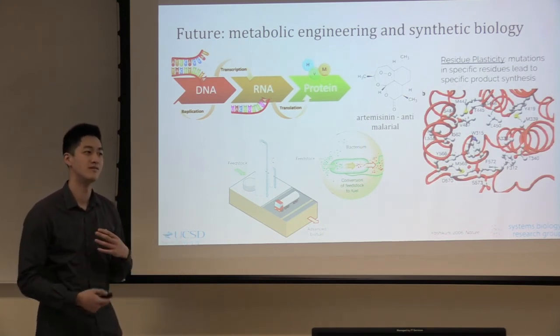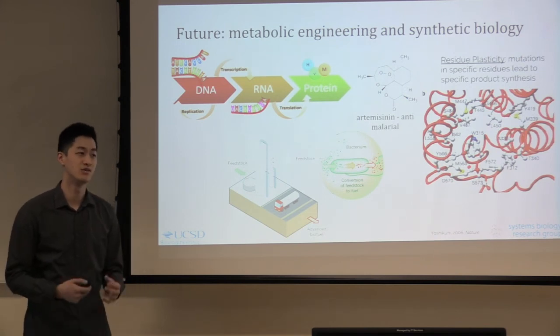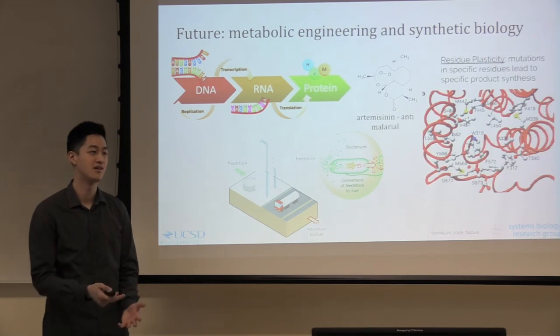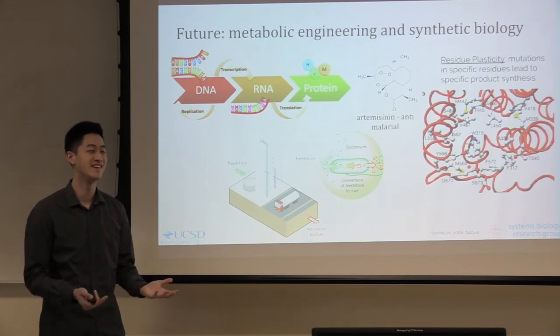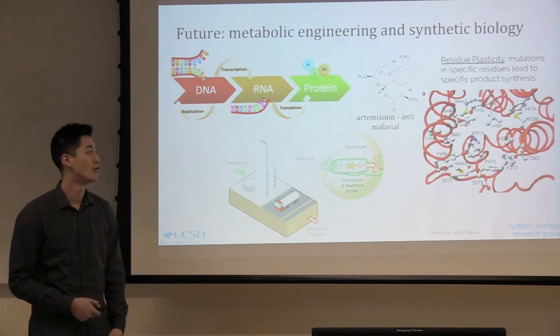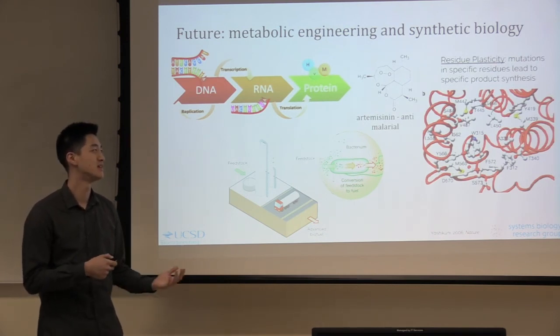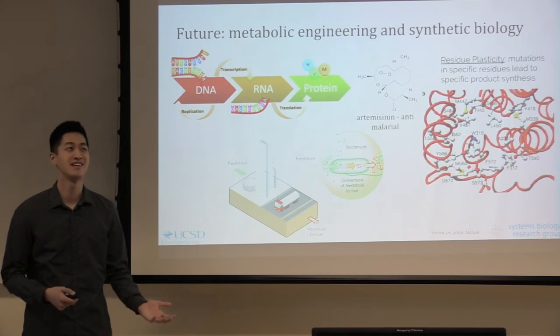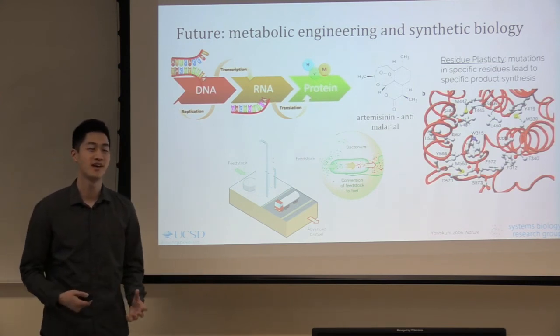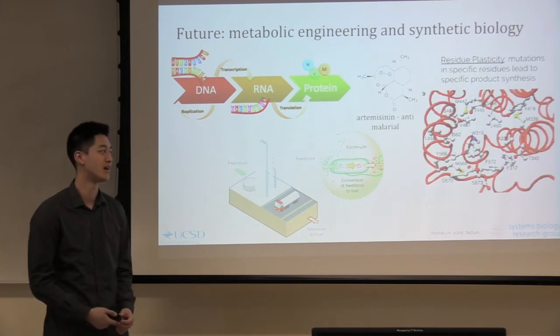And this is important for a lot of applications, like in green chemistry, where you're producing chemicals that may not be economically or eco-friendly to produce without these methods, or you're producing chemicals like artemisinin, which is an anti-malarial drug that can only be found in a Chinese plant and can only be isolated from there.